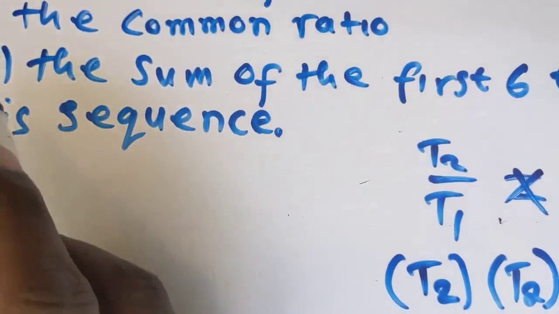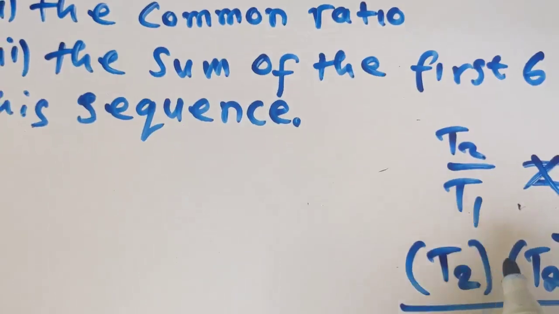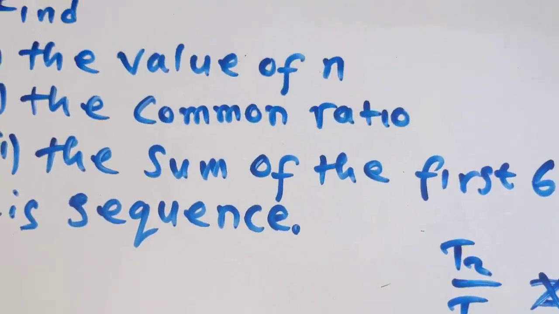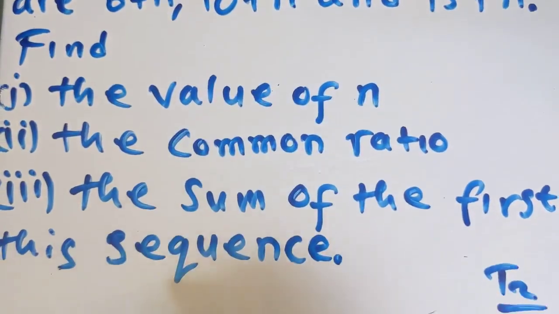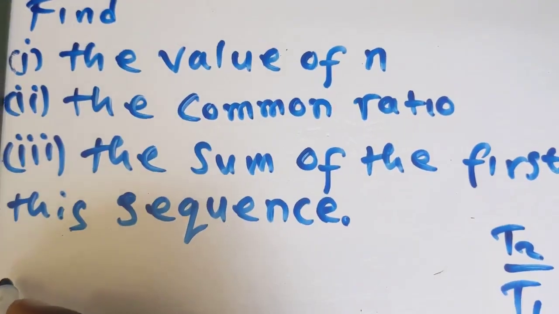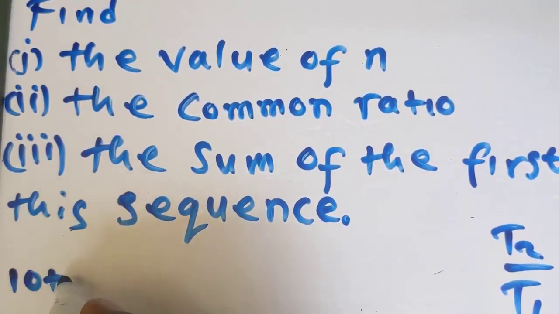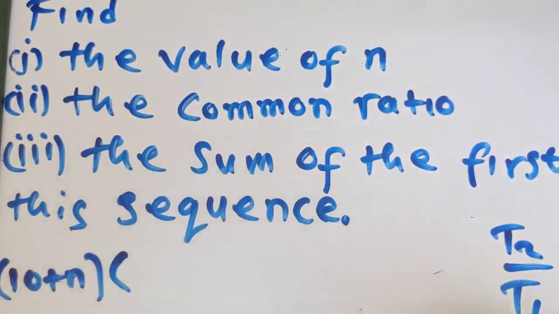So now let's write what our term 2 is. Our term 2 is 10 plus n, so we write it here: 10 plus n.